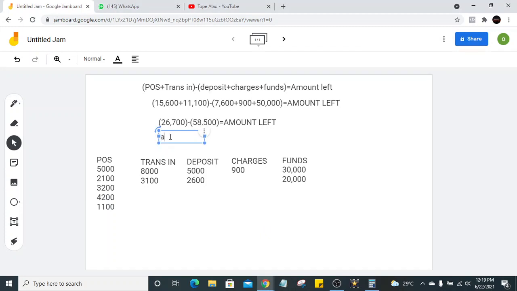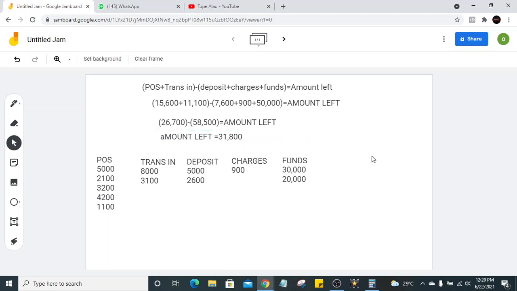So that means the amount left now will be equal to 31,800. So the cash at the end of the day, the cash you are supposed to collect from the employee, should be 31,800.